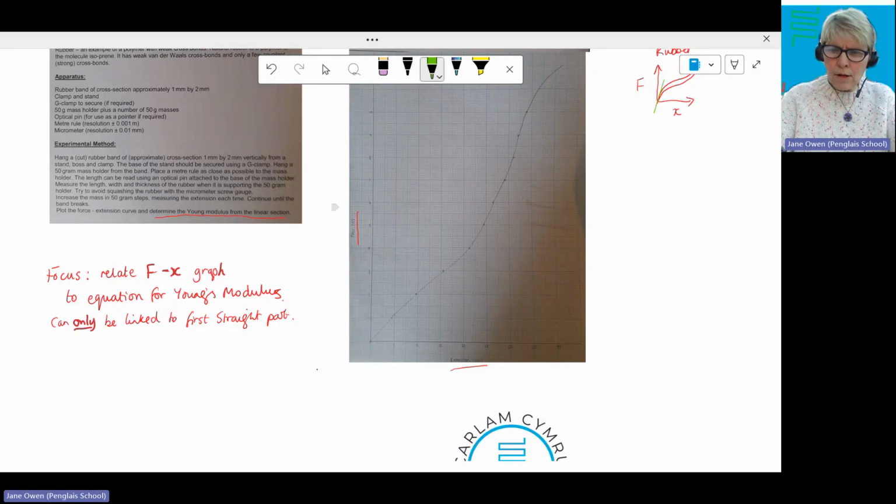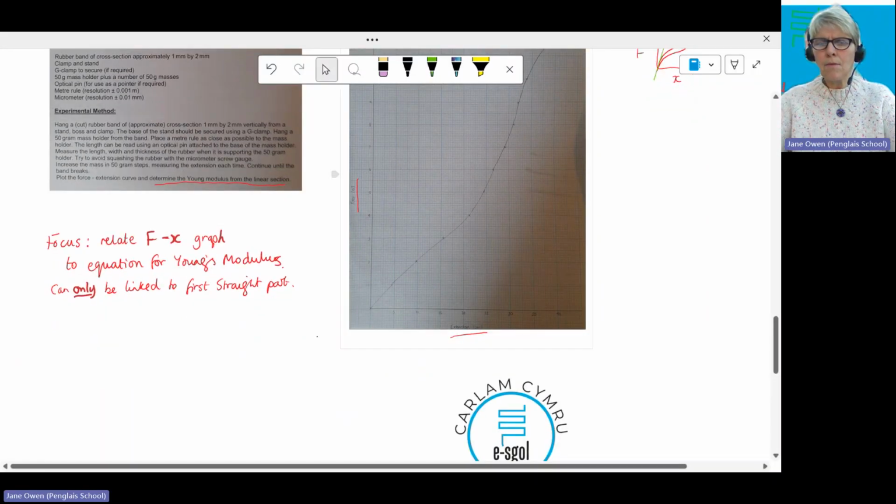All right, so you really do need to take that first section and draw a straight line for that first section. That's the only thing that you can relate to Young's modulus, because then it stretches non-linearly. And even though it's non-uniform, it will return back to 0 when the load has been removed.